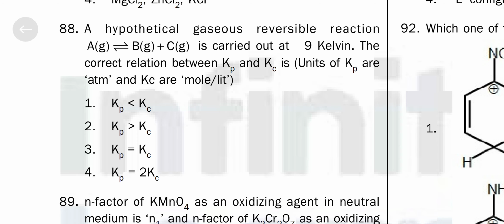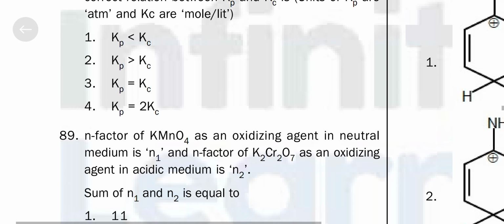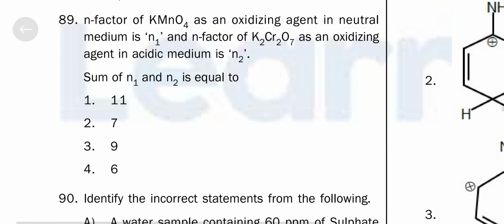But below 12 Kelvin, the temperature is below 12 Kelvin, so definitely here Kc greater than Kp you can apply. But remember, R value you have to take 0.0821.